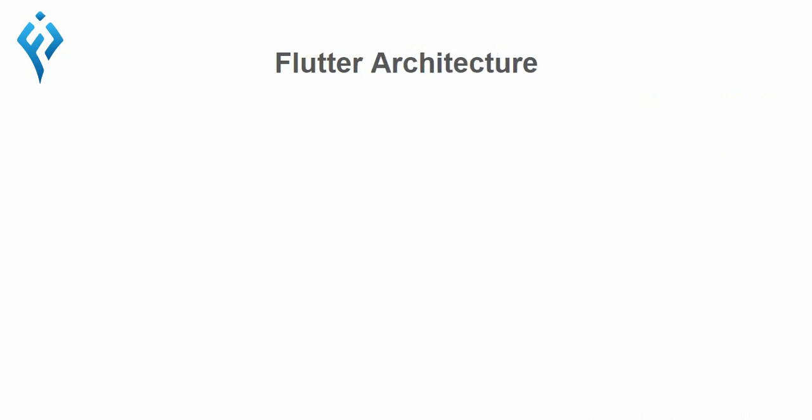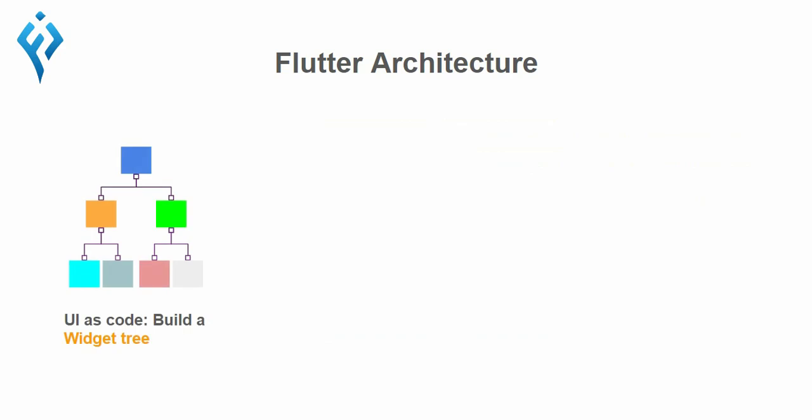Now, after having at least a rough idea about Flutter and Dart, let's discuss the architecture of Flutter. UI as code, build a widget tree. The most important thing which we are going to see over and over throughout the app building process is the idea of building user interfaces as code, or UI as code.